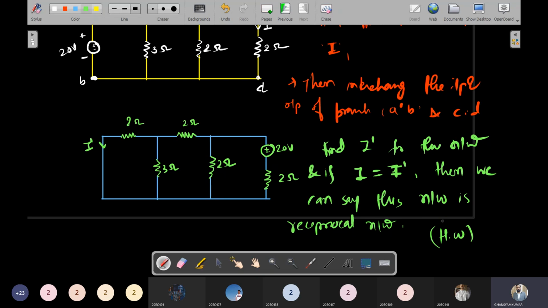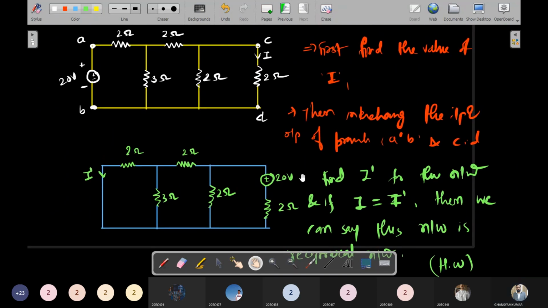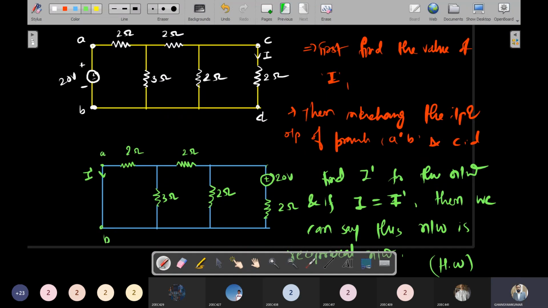Solve this at home and tell me whether you are getting this network reciprocal or not. Students, any doubt? If you are having any doubt in how to solve this, just let me know. So A, B, and this A and B. Anyone having any doubt in this one?